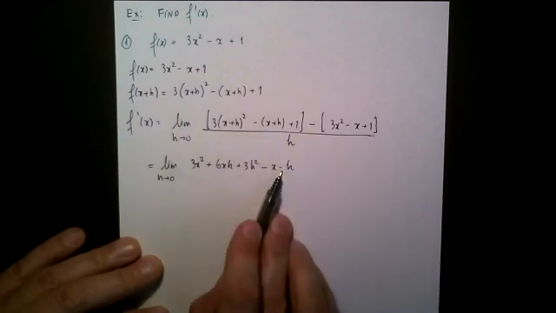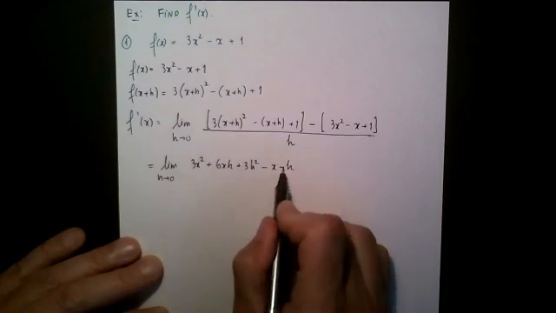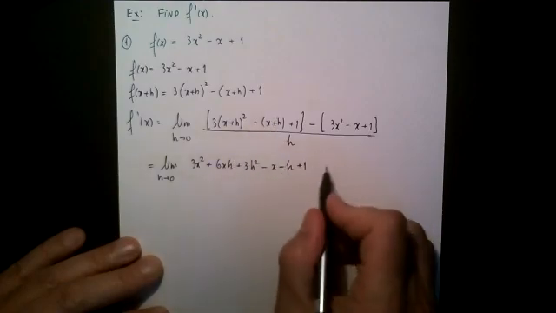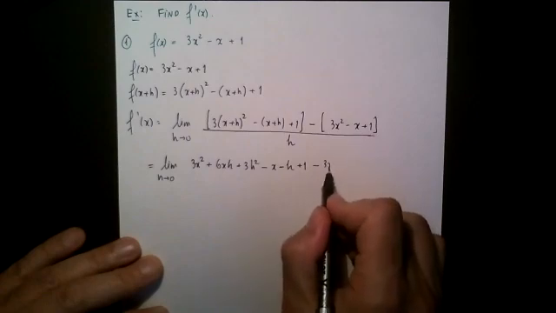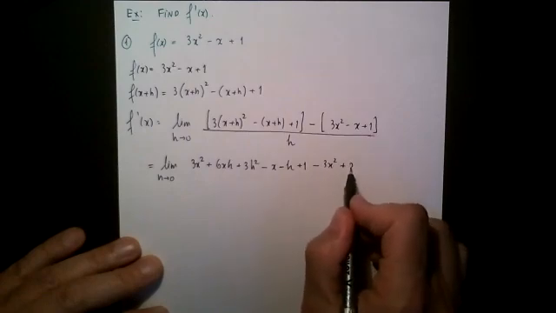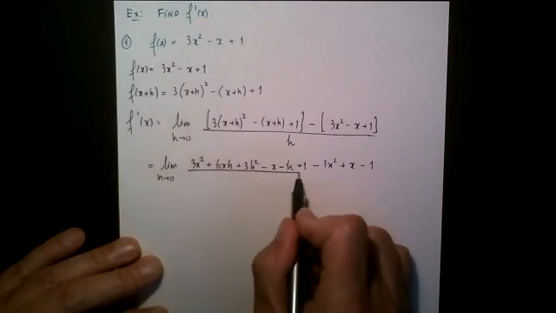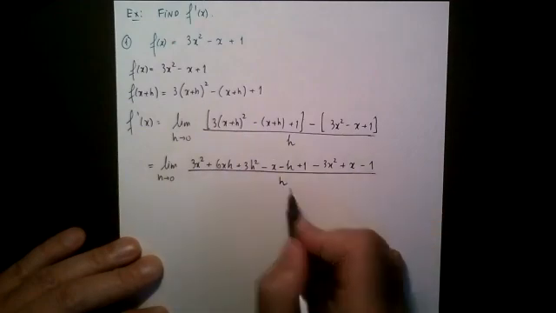Don't forget to change the sign here because there's a minus in front of the bracket. So when I take out the bracket, I distribute the minus, plus 1, and then same thing here, minus 3x2 plus x minus 1. Okay, so don't forget to change the signs. All this over h.